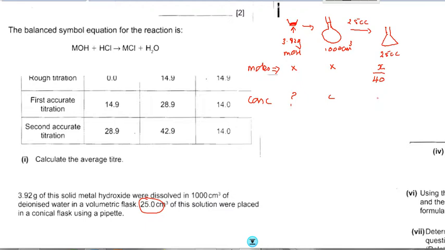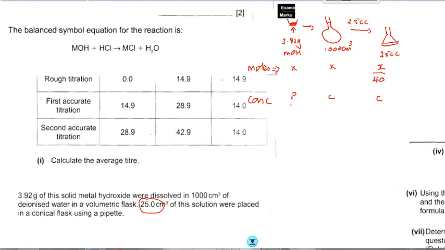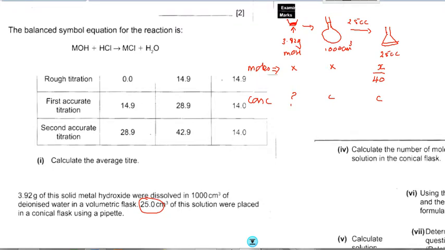Well, it will be exactly the same. It'll be C, because all I'm doing is taking some of this out from here and putting it into there. I'm not adding water or taking water away, so the concentration will remain exactly the same. Okay, so that's fine. Let's get ourselves into the next part of this question.